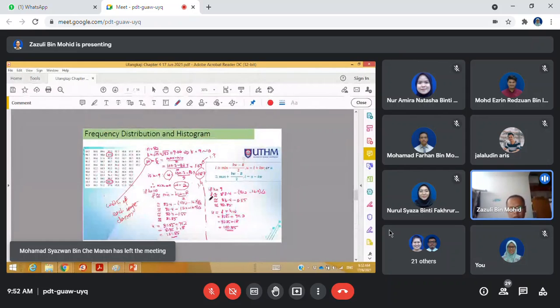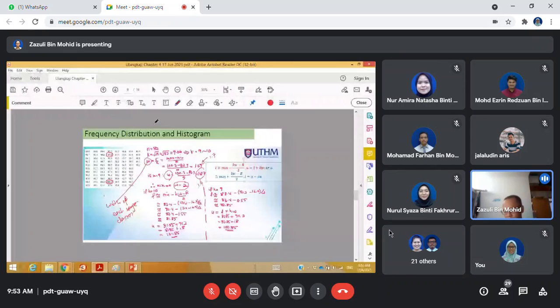Some of you just draw the histogram without any calculation. You have to do calculation, at least one or two equations. So please remember to solve this problem just as I showed you in this slide. You need to calculate the N, K, W, and so on as detailed as possible, because all of these lines contribute marks to your answers.